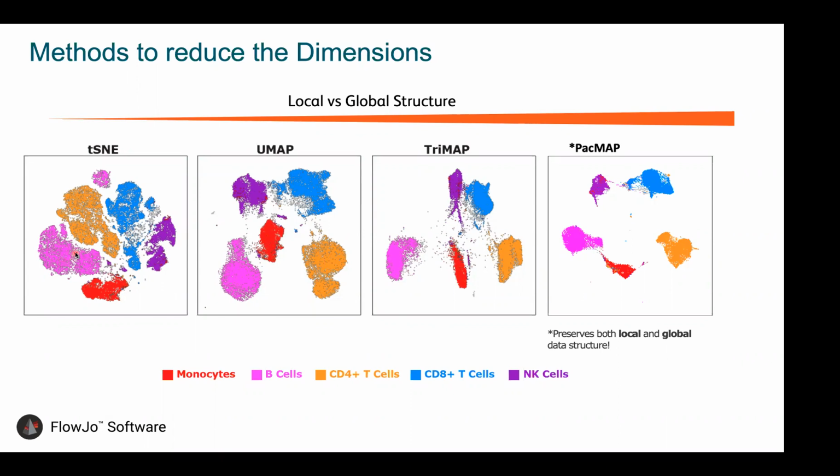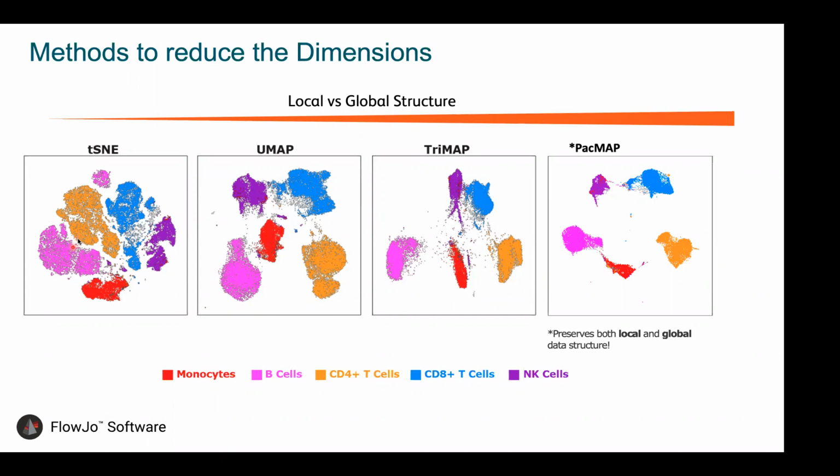This makes the different dimensionality reduction algorithms useful for different experiments. For example, although I said that for tSNE the distances don't matter, tSNE can be a really good option when we have knockout and wild type mice and want very high resolution of rare clusters.